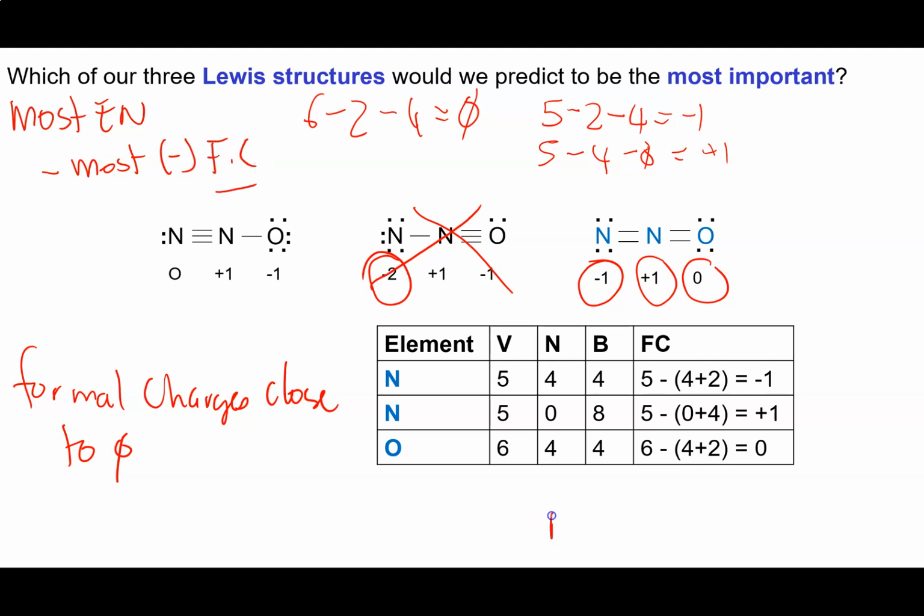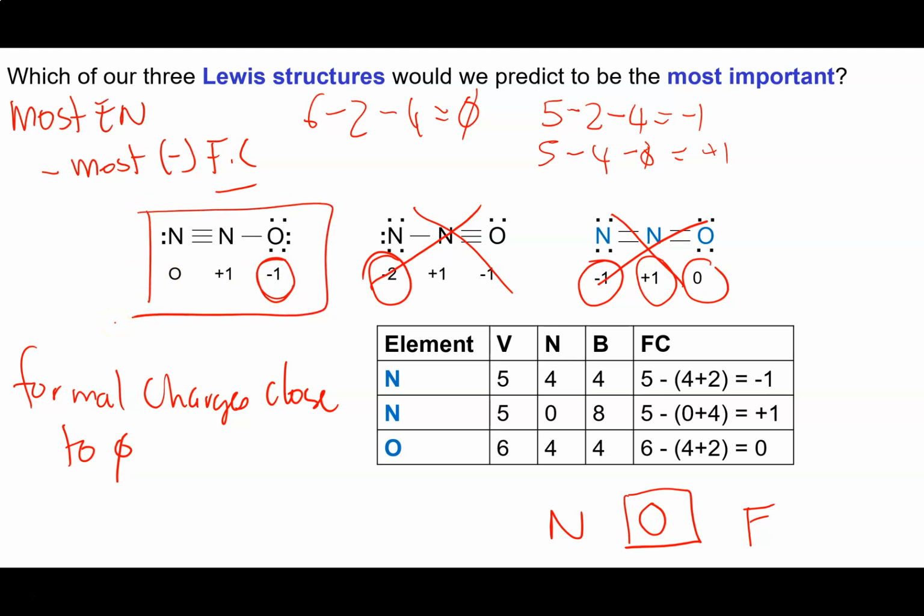So we've got two atoms here, nitrogen and oxygen, and oxygen is the most electronegative element of that pair because it's right next to fluorine. So the good formal charges will have the most negative one on the oxygen. So this guy has the most negative formal charge on the nitrogen. That's no good. And then this one, yep, it has the most negative formal charge on the oxygen. So there we go. It's going to be that one with the triple bond between the two nitrogen atoms and the oxygen attached via a single bond.